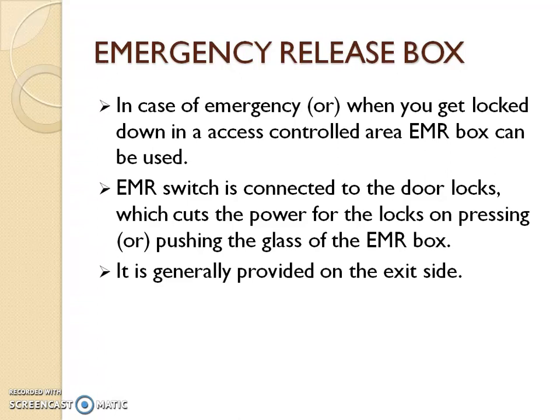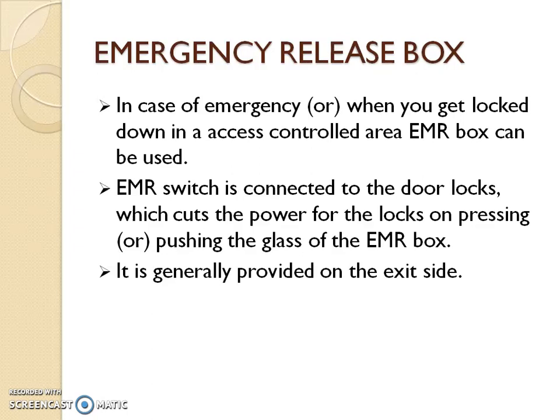Let us say, for example, somebody is stuck in your facility and he needs to open the door where there is no access control system or he doesn't have access to the facility, and it's an emergency. In that case, the EMR box can be activated: you have to go and press the EMR box, which releases the lock.